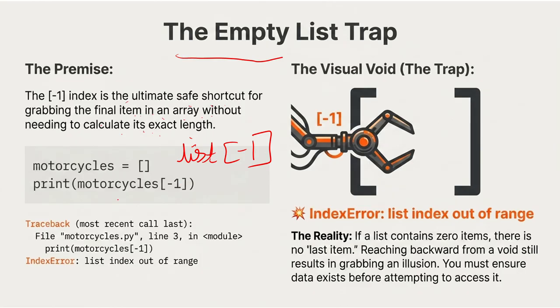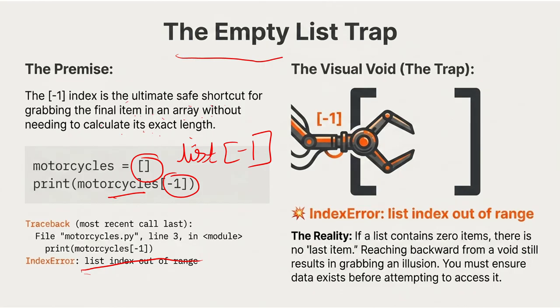But here is a catch you have to keep in mind. If your list is empty, where here in this case you can see motorcycles is an empty list, and you now try to print motorcycles minus 1, meaning trying to access the last item of an empty list, it will throw you an error like list index out of range, because nothing exists in the list, so how can you get the last item?